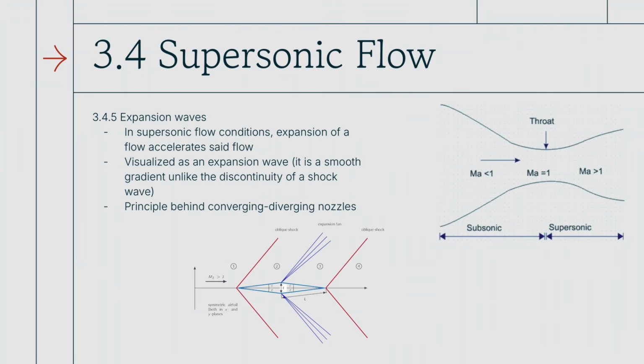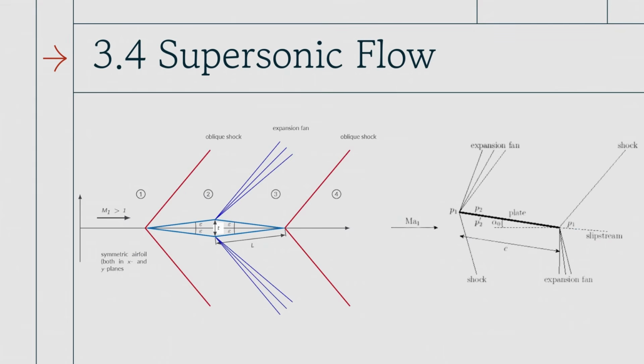But the same thing happens for shockwaves. For example, this photo down here, I have a better picture. In the picture on the left, you can imagine this airfoil as converging.